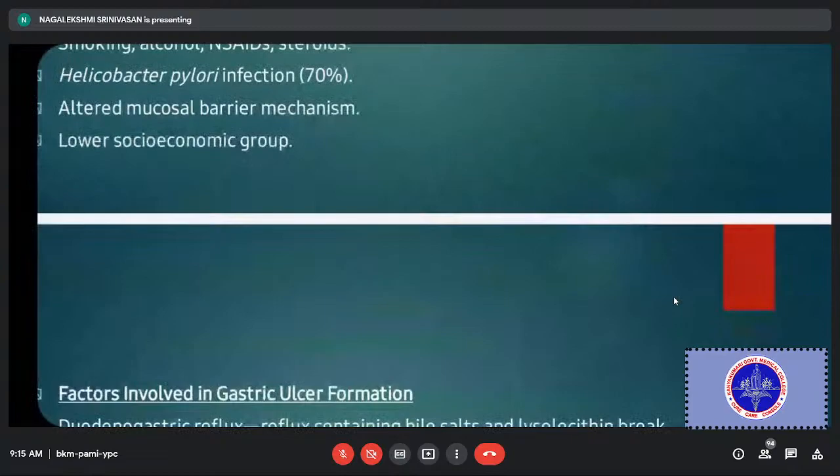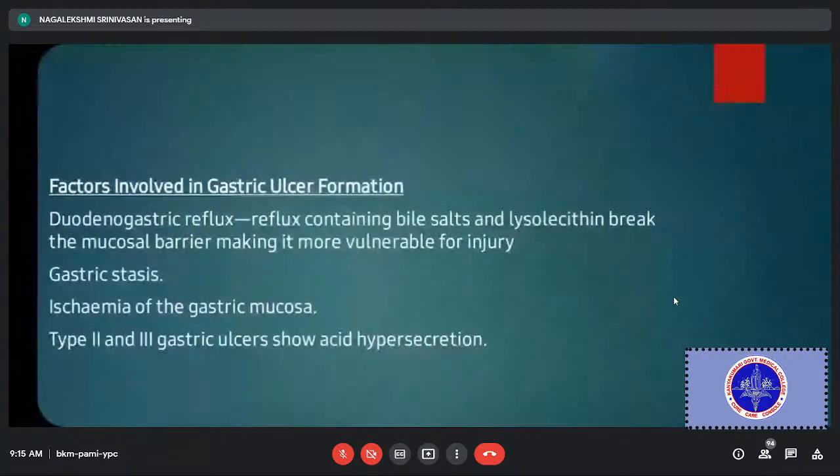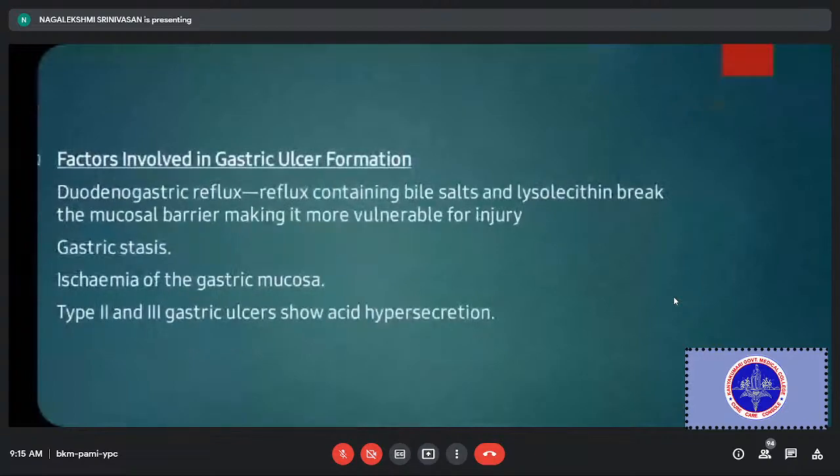Next, nowadays people are taking most of the fast food items, burnt food, and charcoal-containing burnt food. That is also the commonest reason for getting ulcer in people of low socioeconomic status, eating the old food.